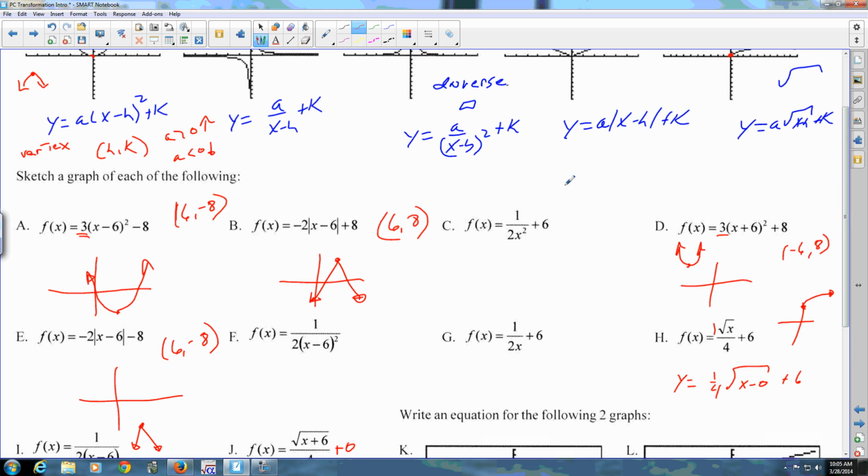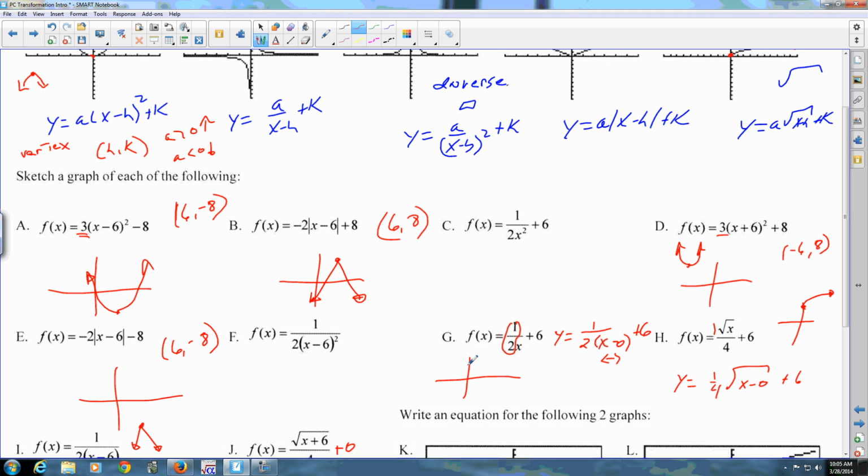This one, if I draw it, that was the hyperbolas. So let me do the hyperbola. So that would be this one. Your value of A is a half. So A is positive. If I rewrite this as y is equal to 1 over 2x, minus 0, plus 6, your center point hasn't been moved left or right, but it's been lifted 6 units.